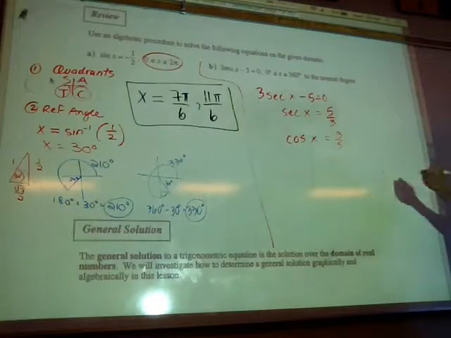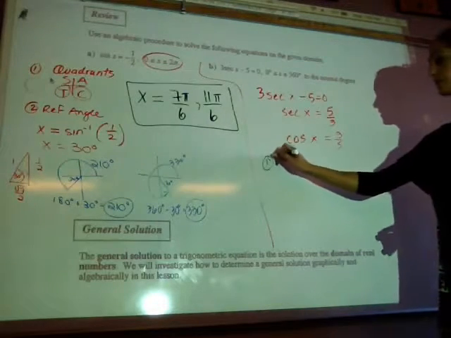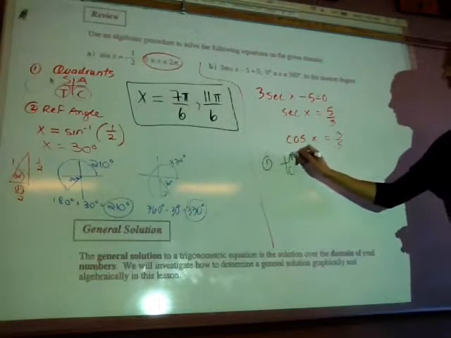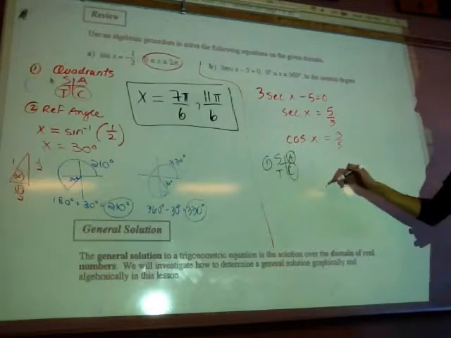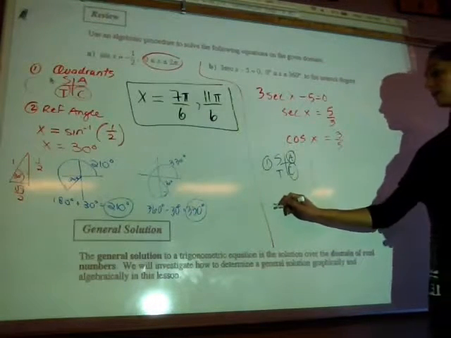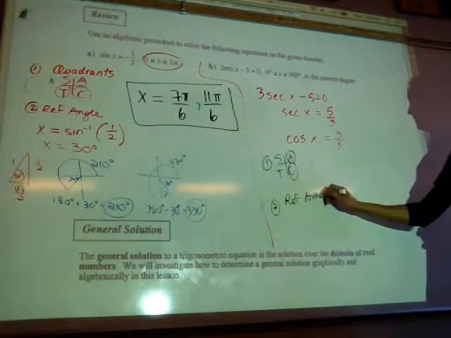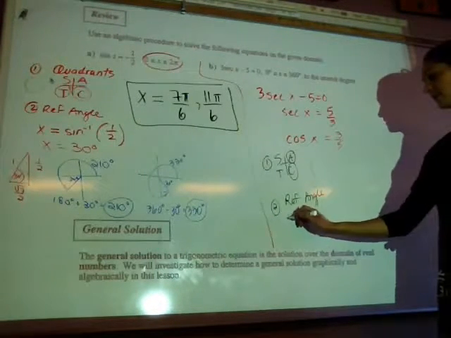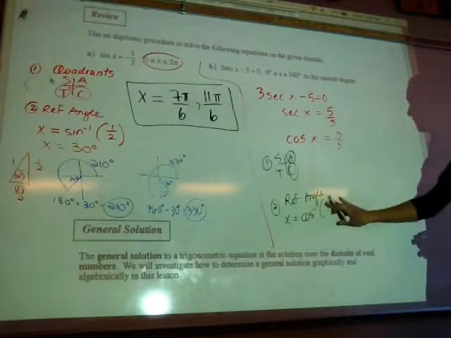And we'll go back to our first two steps where we're figuring out the quadrants and the reference angle. So cosine is positive, which means we'll have solutions in quadrant 1 and quadrant 4. Okay, and the reference angle will be inverse cosine, 3/5.